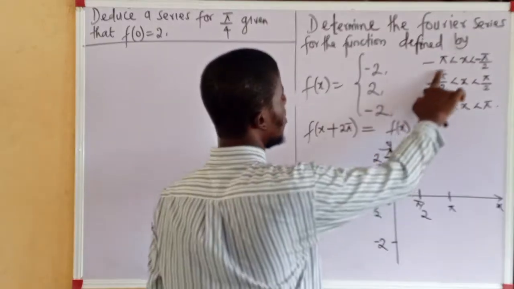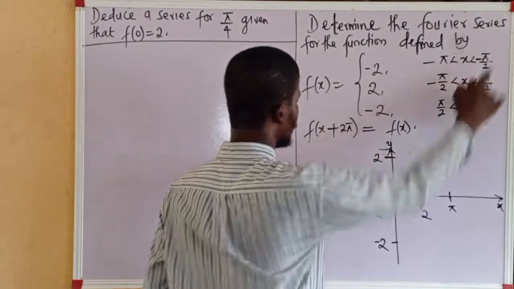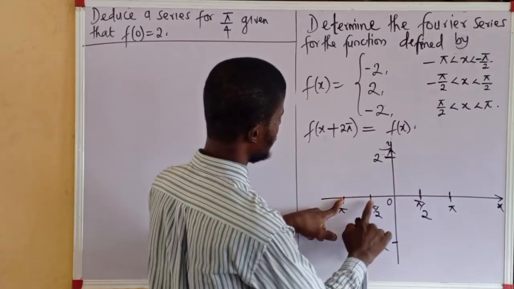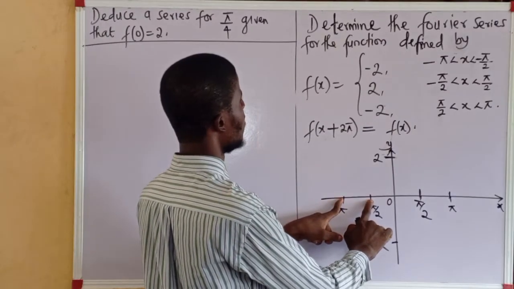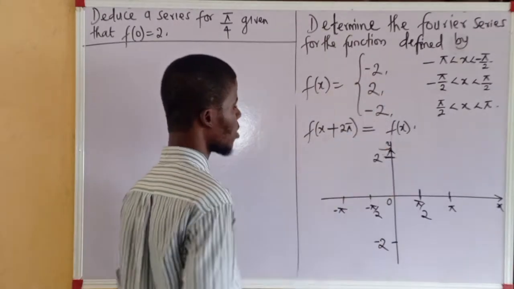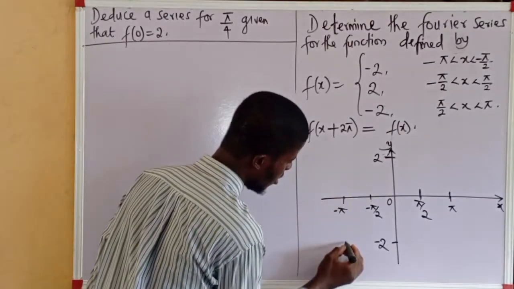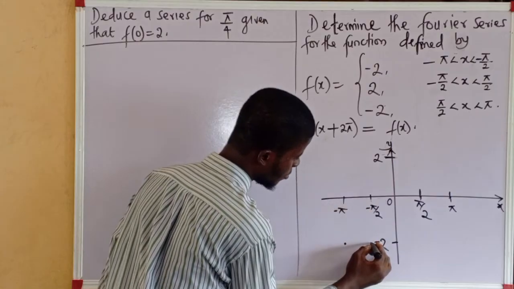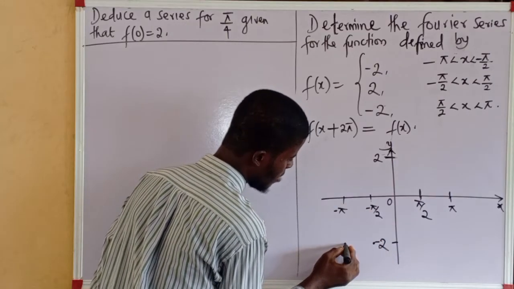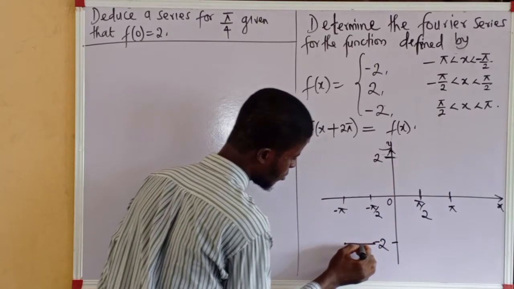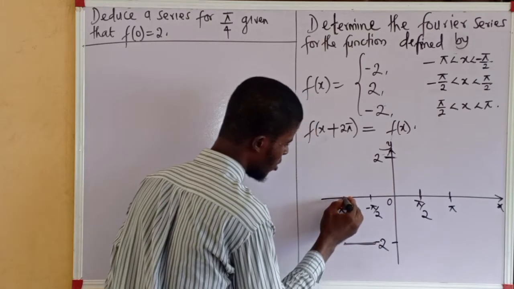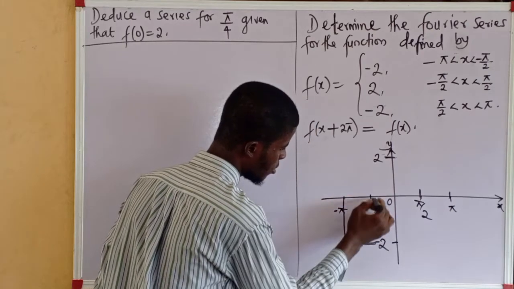So between minus pi and minus pi over 2, f of x is what? -2. So this is where -2 is. From here to here, it is -2, so we can trace it down.